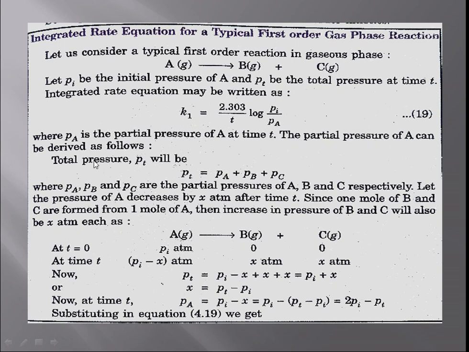The partial pressure of A can be derived as follows. The total pressure Pt is equal to Pa plus Pb plus Pc as per Dalton's partial pressure law.